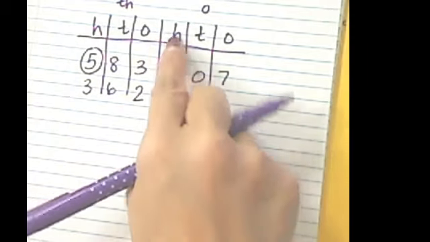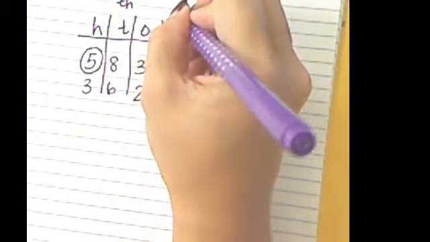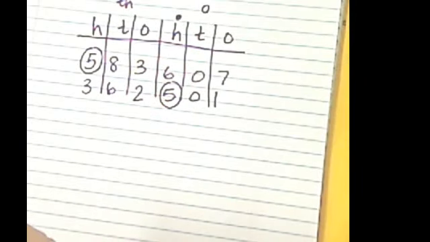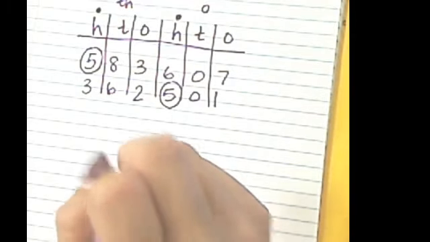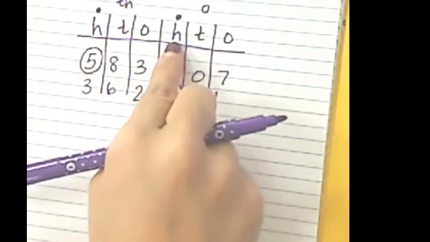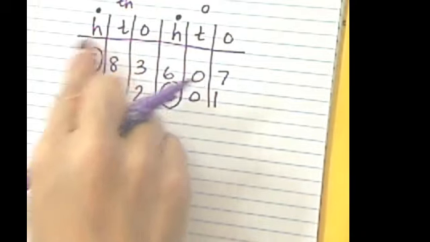One of the 5s is in what place value? There's one right there. It's in the hundreds place. The other 5 is in what place value? Right here. So we know we're working with the hundreds place and the 100,000s place.